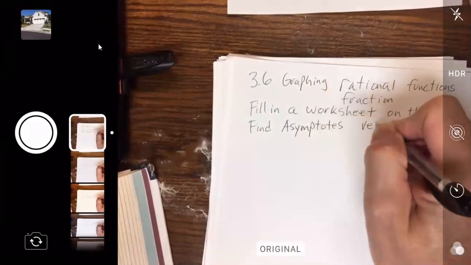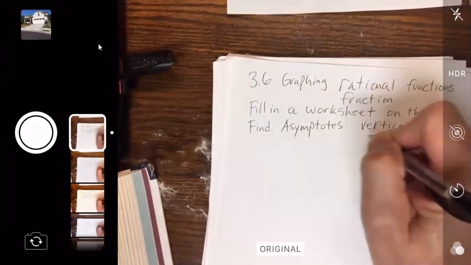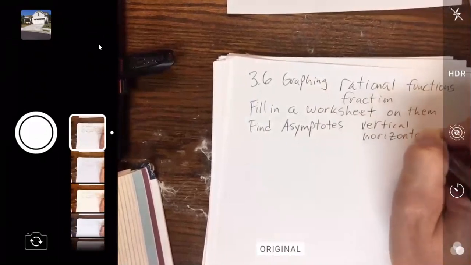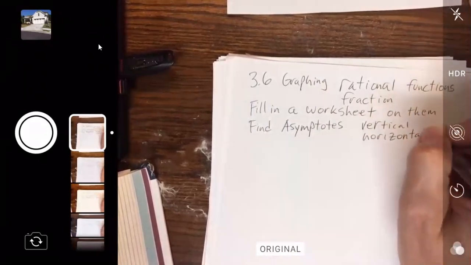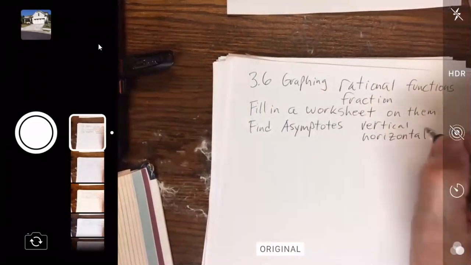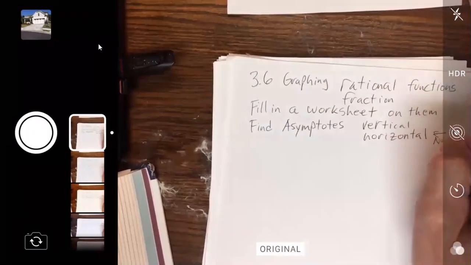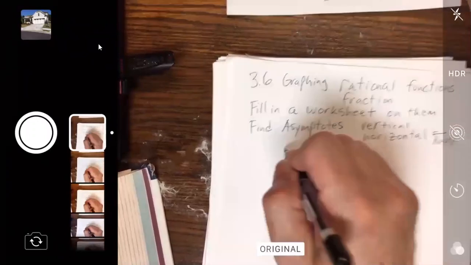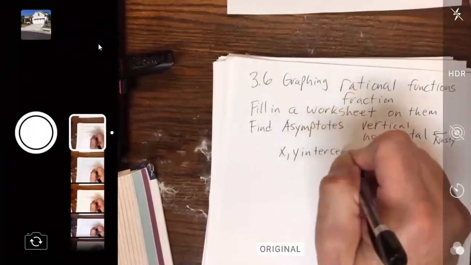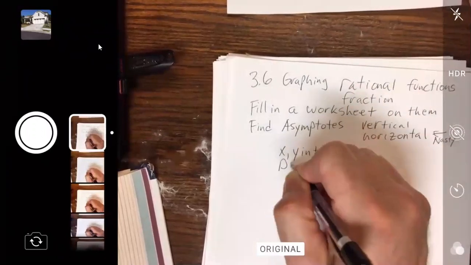There's vertical and horizontal, and slanted, right? We won't be messing with slanted. Just vertical and horizontal. The horizontal one's kind of nasty. Vertical is pretty simple. They want x and y intercepts. I believe they want domain and range.